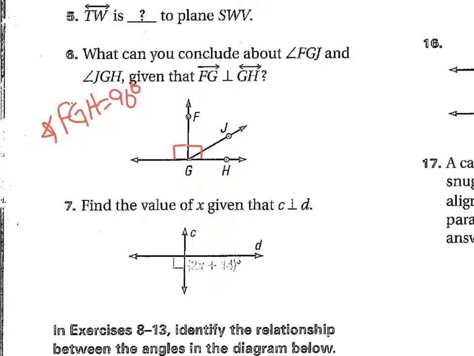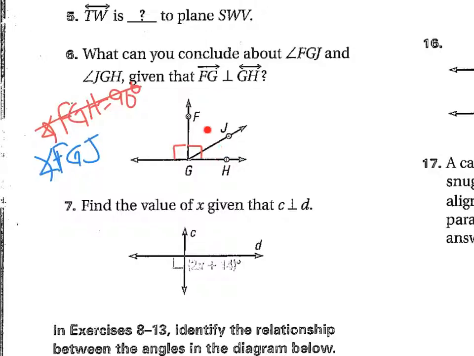The only thing that we can really conclude about, I'm sorry, I kind of misquoted there. I said FGH, it should have been FJG. So this is, hold on, cancel that, sorry about that. It was angle FGJ right here, and then this one.